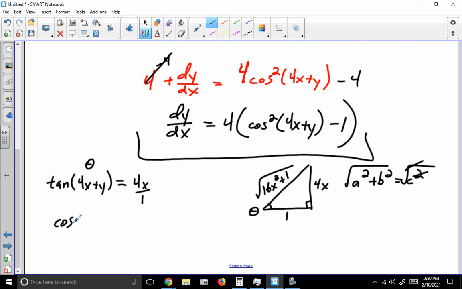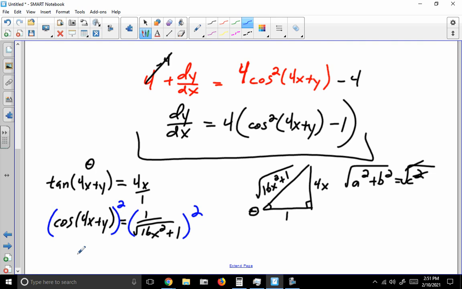So cosine from that angle, using our triangle, is 1 over the radical, adjacent over hypotenuse. That's cosine. We have cosine squared. So to get cosine squared, we square it. So cosine squared of 4x plus y equals the top squared over the bottom squared. So the square and the square root will cancel.